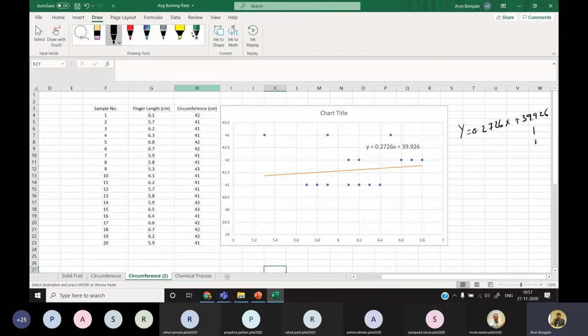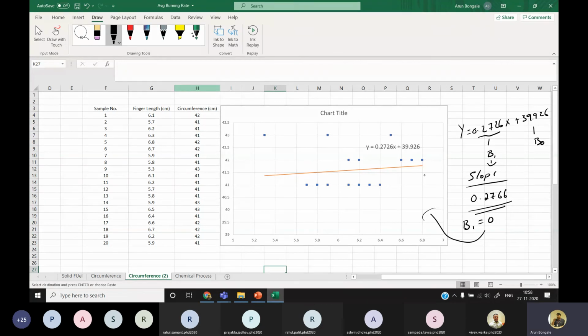So this is B naught, the constant, and this value is B1, which is the slope. For this value, the slope is 0.2726, but we said the slope should be equal to 0 to have a linear relationship, right?